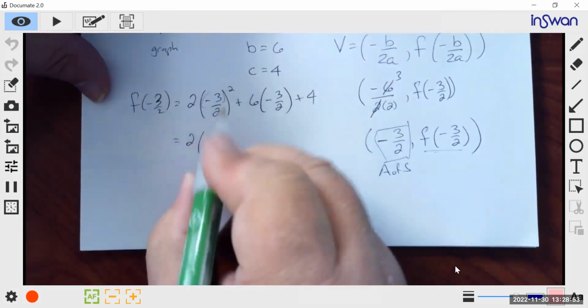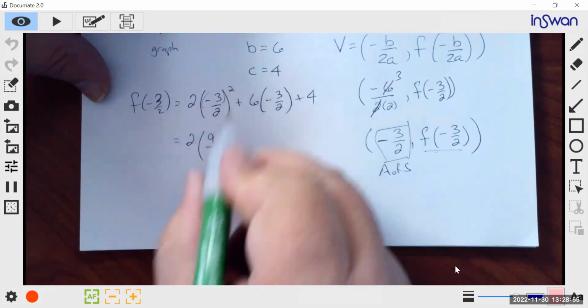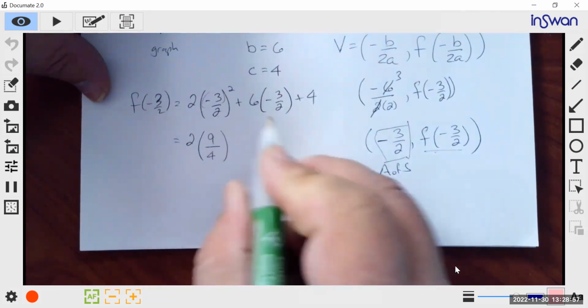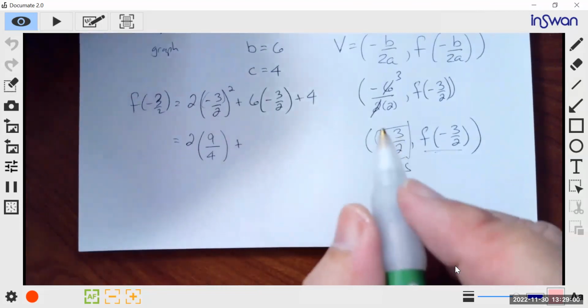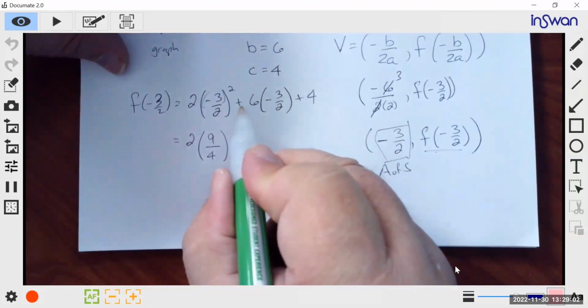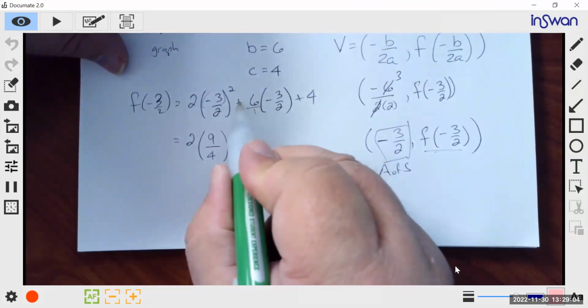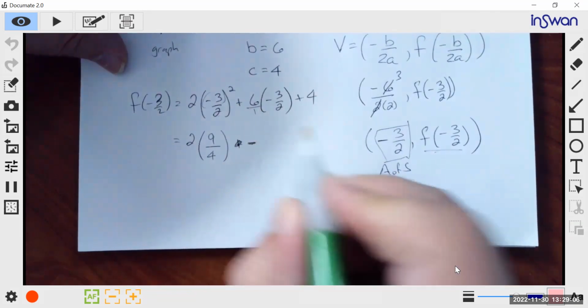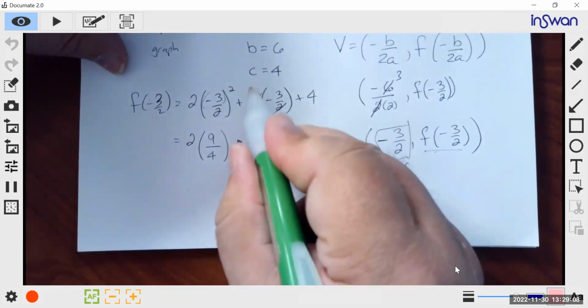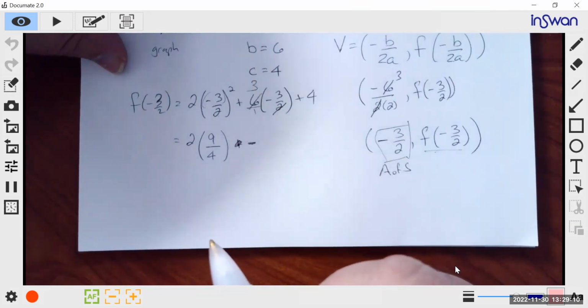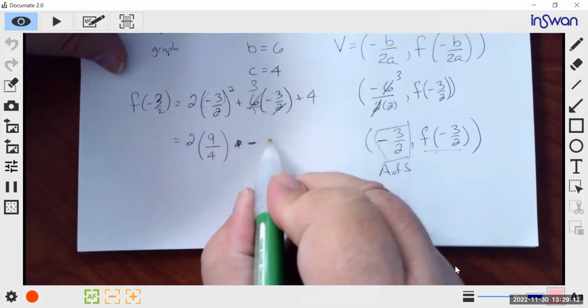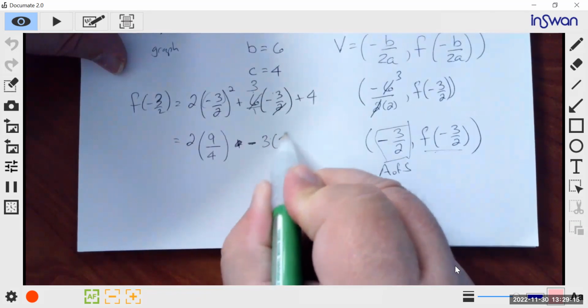Negative 3 squared is 9. 2 squared is 4. Positive times negative is negative. The 2 and the 6 cancel. 3 times 3 is 9. Well, I'll get that in a second.